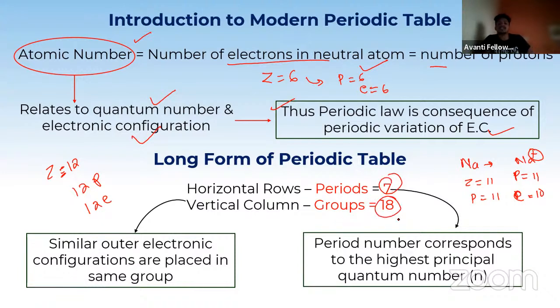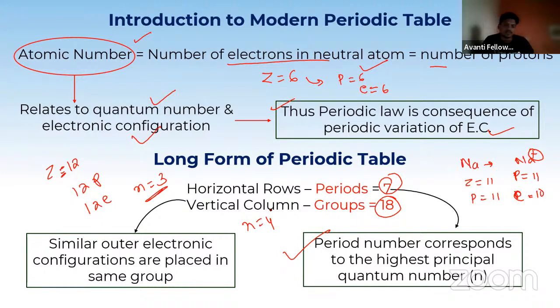For periods, the highest principal quantum number is fixed. If I tell you n is equal to 3, which period does it belong to? Third period. If n is equal to 4, it is the fourth period.